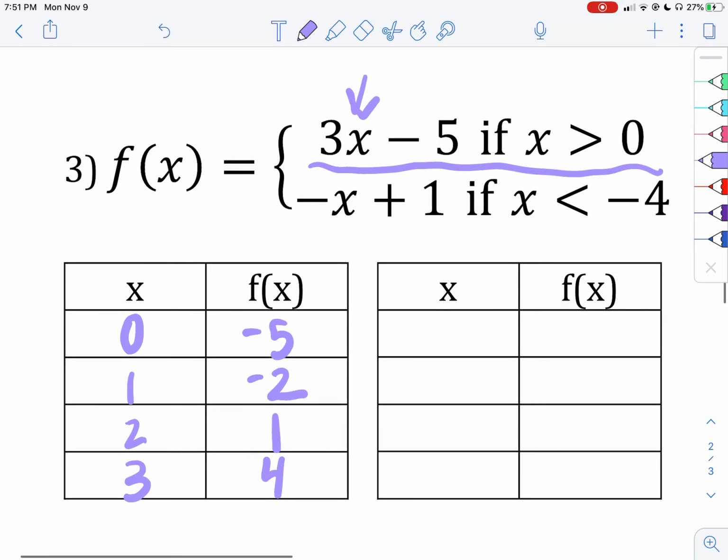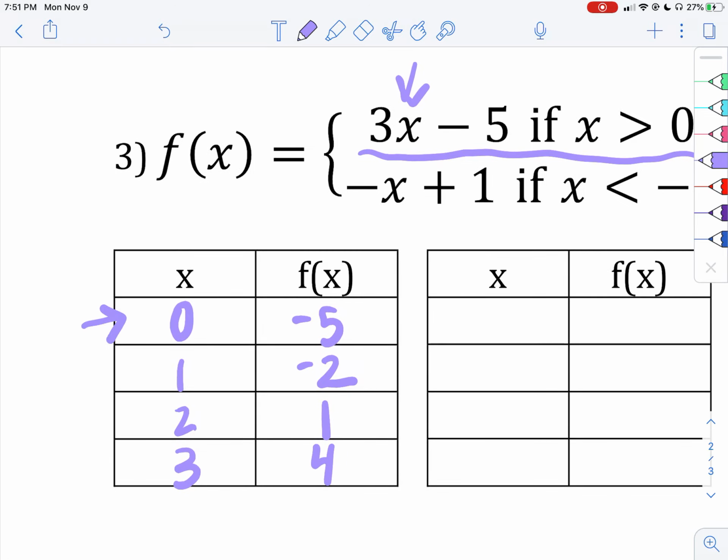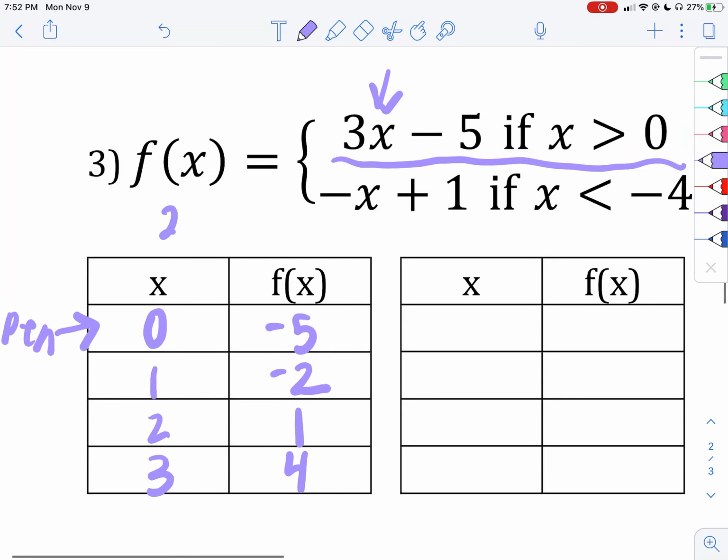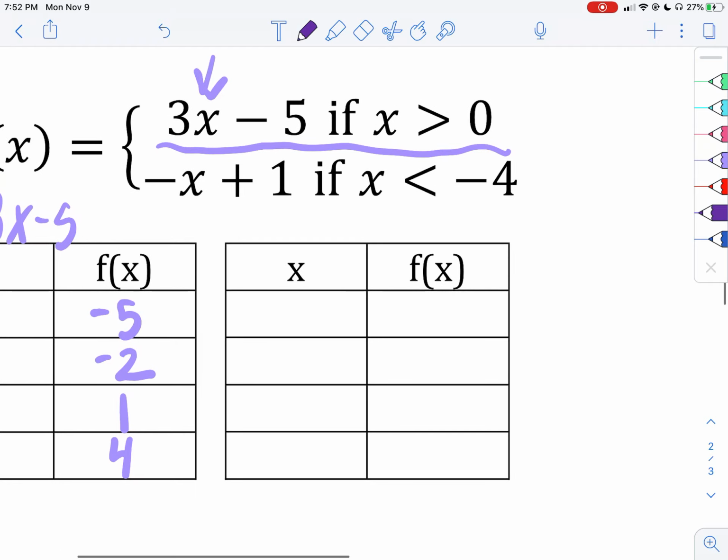Okay, and if x is greater than 0, since we don't have that or equal to, we would have an open circle when x is 0. Okay, now looking at negative x plus 1, if x is less than negative 4. So our numbers would be getting smaller.